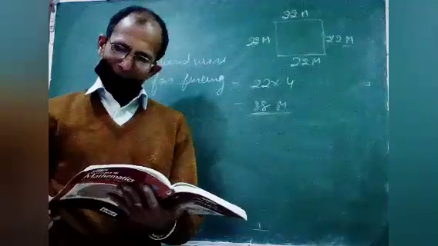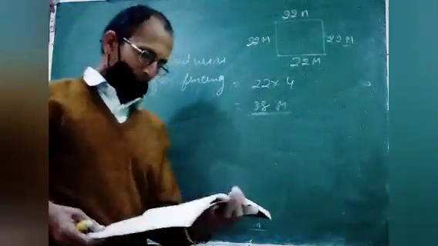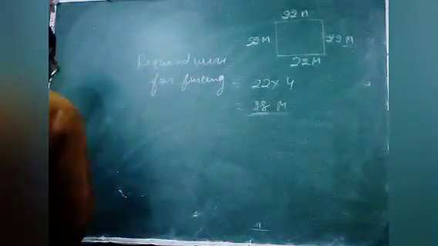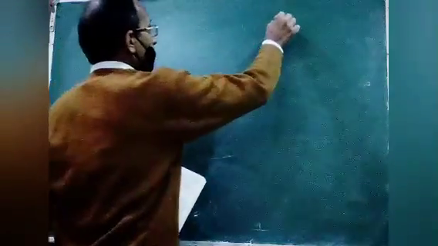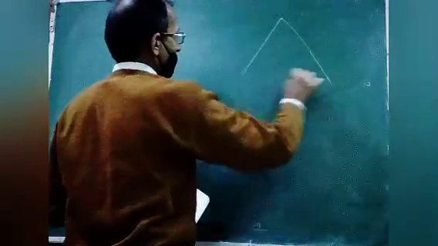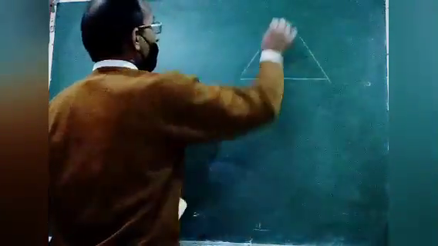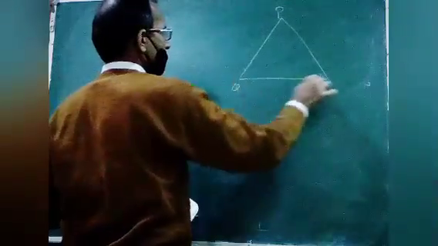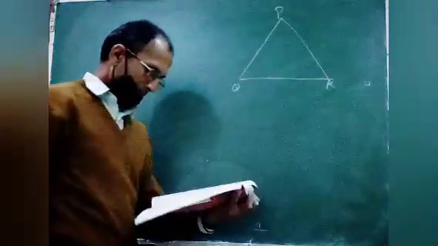Okay. Now find the perimeter of each of the following. This is a rectangle, so you have to add all the sides. In first part, so this is a triangle PQR.